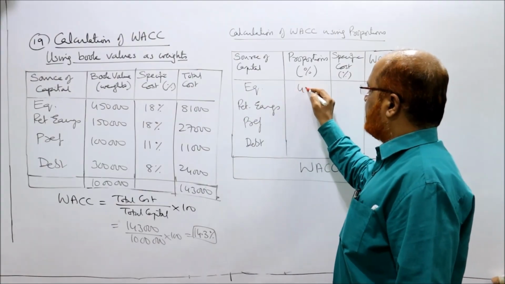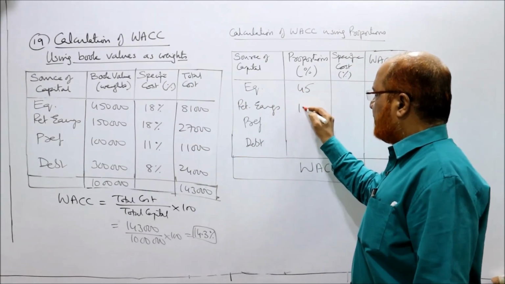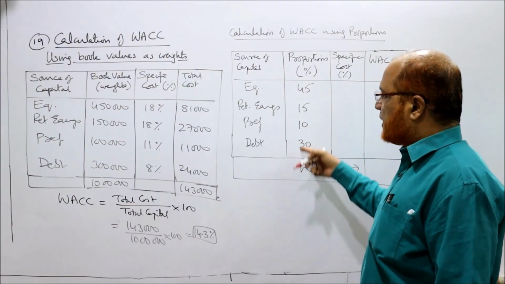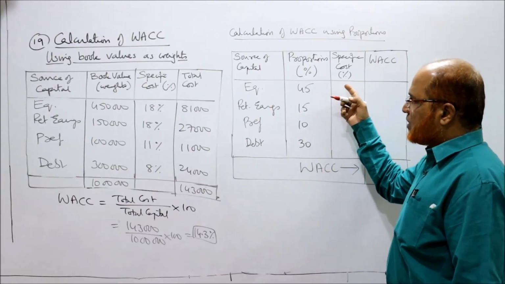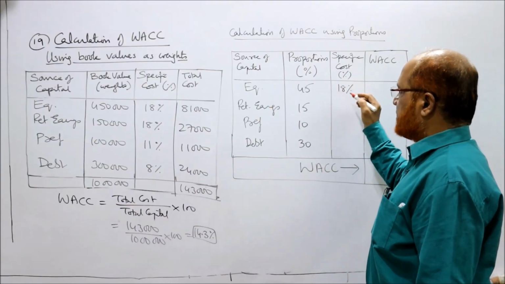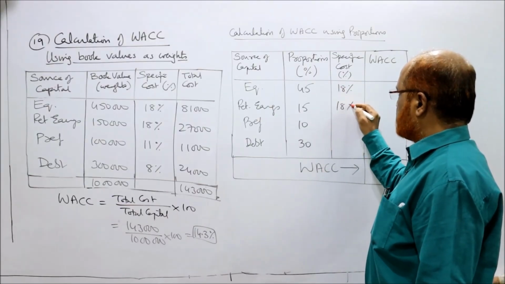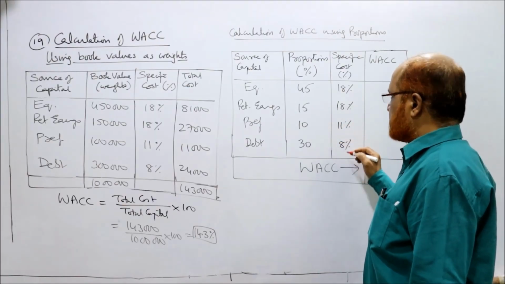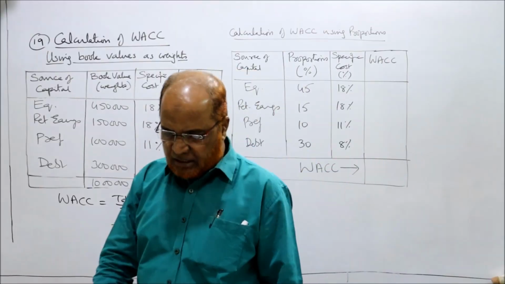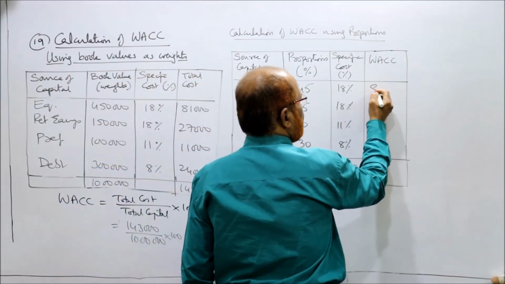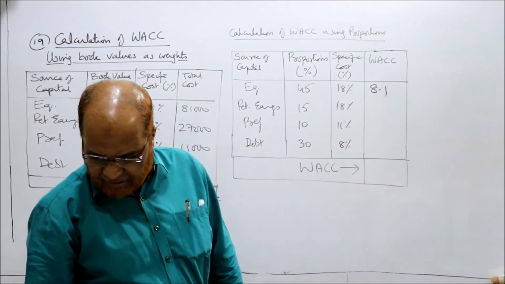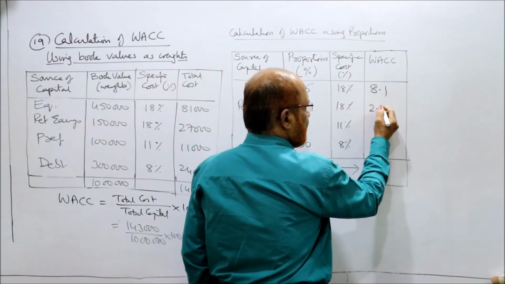Equity, it is 45% given in the problem. It is 15%. It is 10%. Last one 30%. Total is 100%. Now specific costs are 18%, 18%, 11% and 8%. Now 45 into 18% you'll get 8.1. 15 into 18%, 2.7.